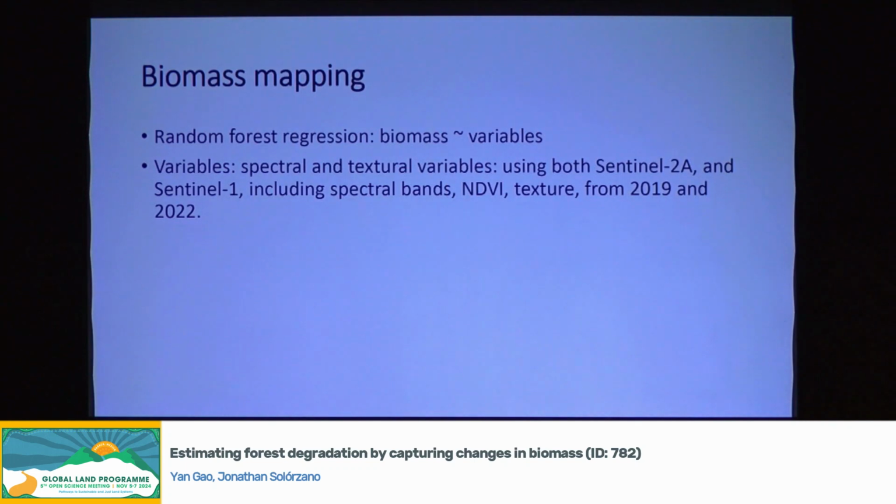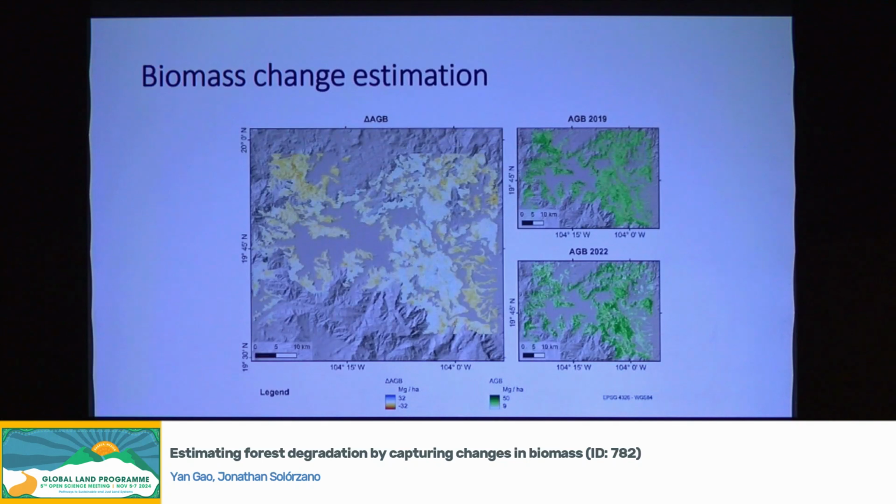About biomass mapping, we derived variables from the Sentinel data, including spectral bands, DVI, and texture variables for those two dates. Here is the biomass map we obtained in 2019 and 2022, and from that we derived the map of biomass change.